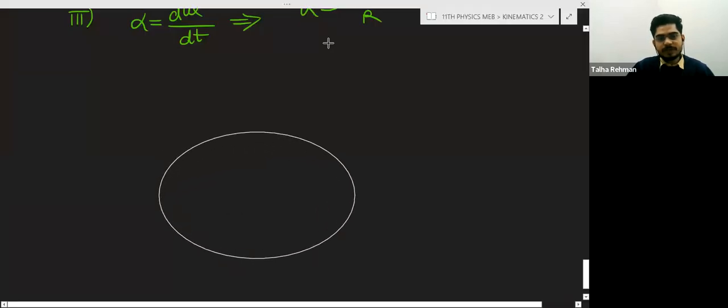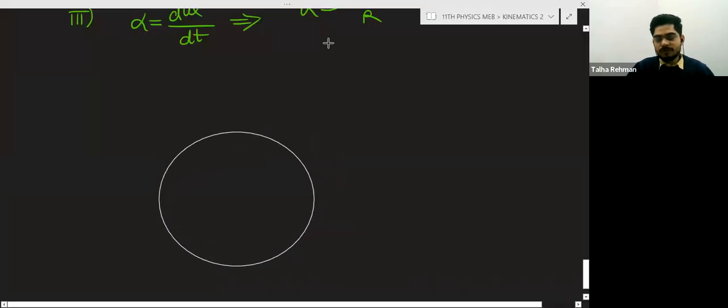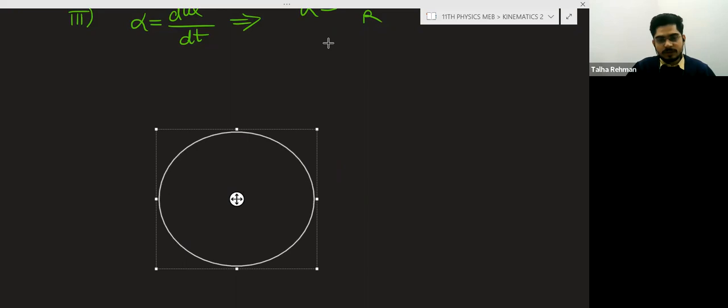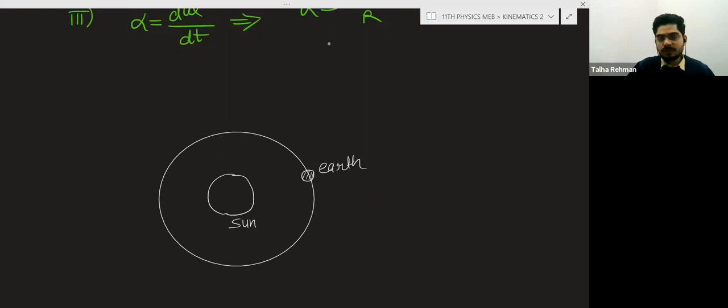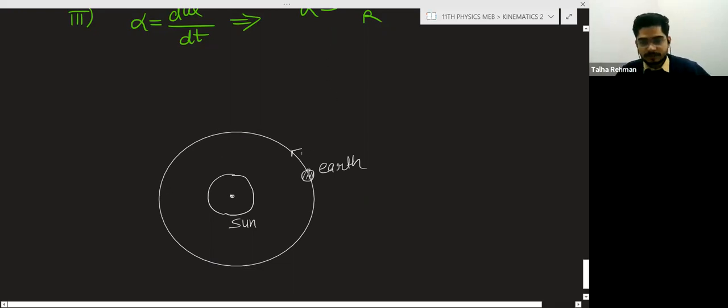For explaining centripetal force, this is the earth, and here is the sun. The sun is much bigger than the earth, we know that. Now focus on the earth, what the earth is doing.